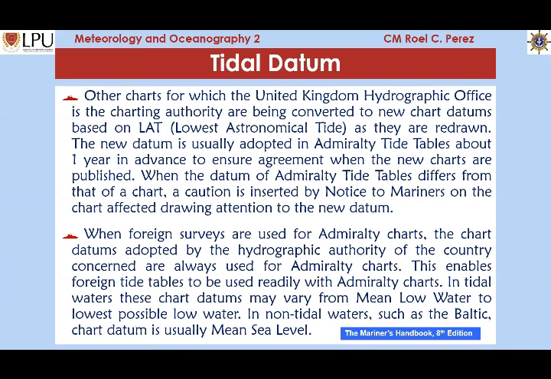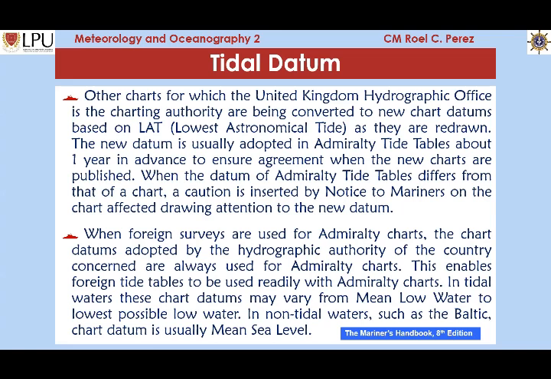The new datum is usually adopted in Admiralty tide tables about 1 year in advance to ensure agreement when the new charts are published. When the datum of the Admiralty tide tables differs from that of a chart, a caution is inserted by notice to mariners on the chart affected, drawing attention to the new datum.